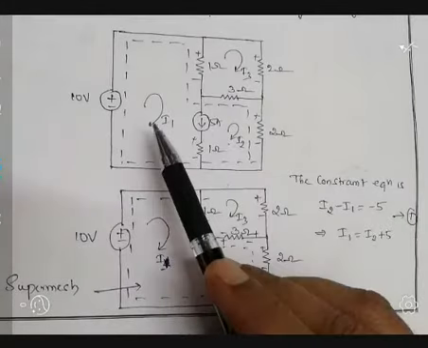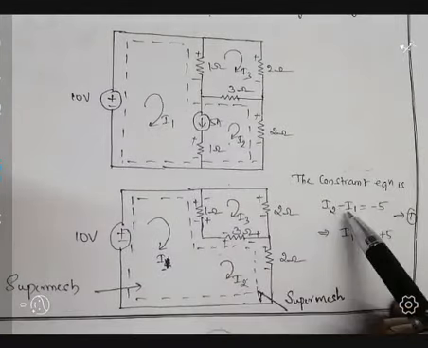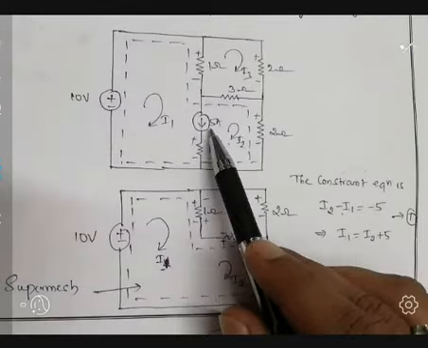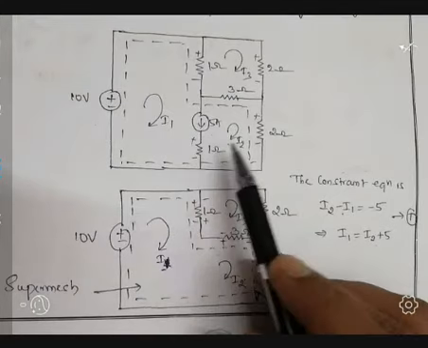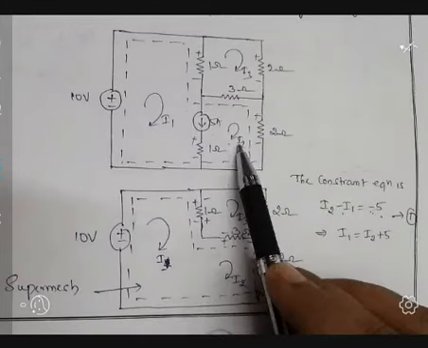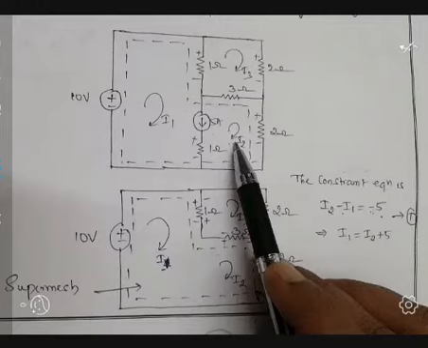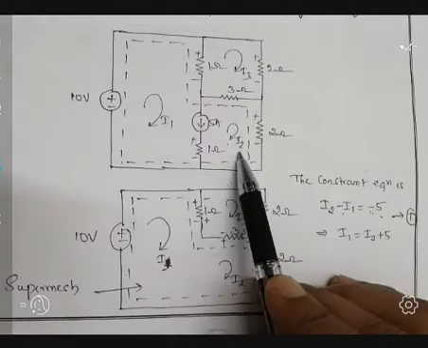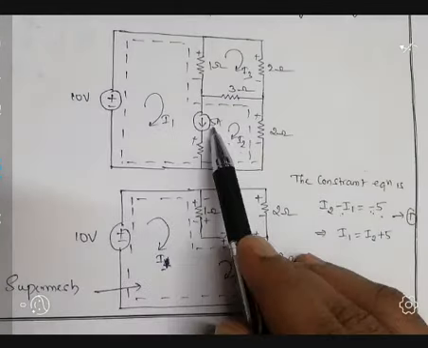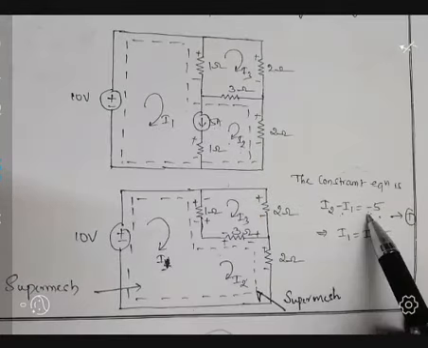The current I1 is moving in the opposite direction of I2, so I will take minus I1. So I2 minus I1 is equal to 5 amperes. But the direction of the 5 amperes is downwards. Because of that reason, minus 5 amperes.